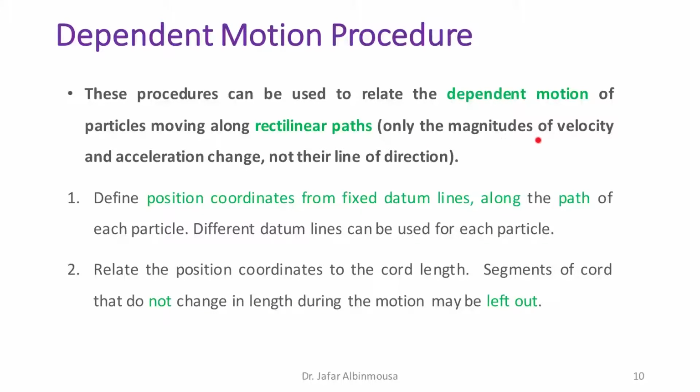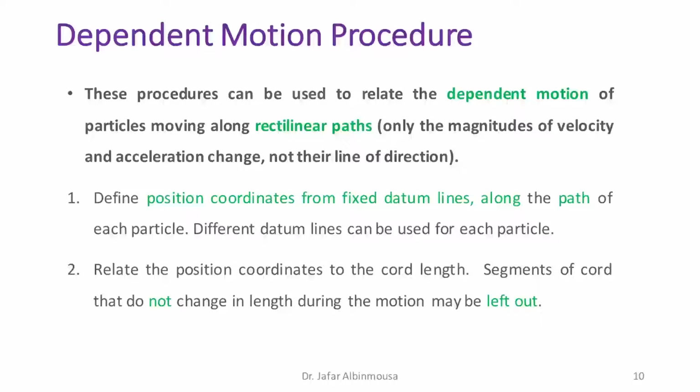Only the magnitudes of velocities and accelerations change, not their line of action, which means their magnitude changes along that straight line, whether left or right, but there is no rotation, no other thing. There is no curvilinear motion, in other words.